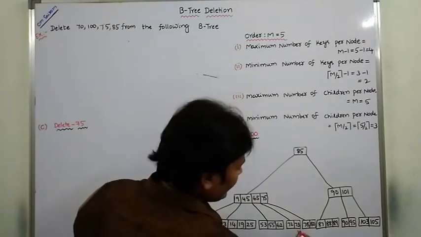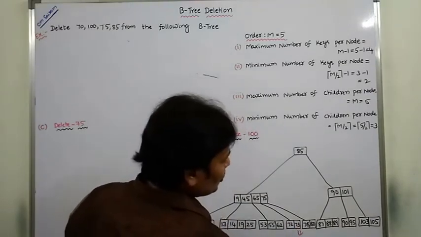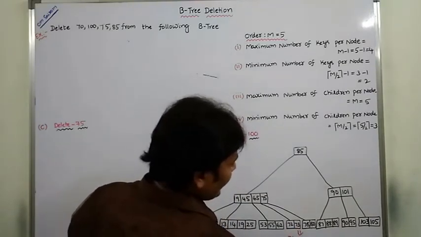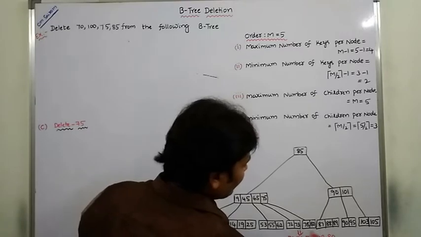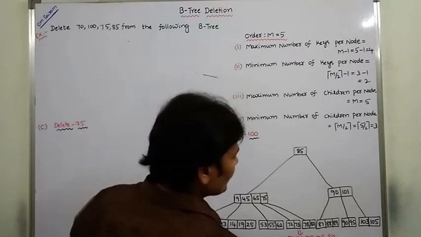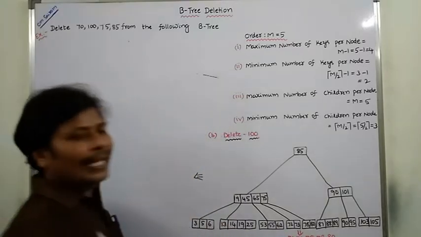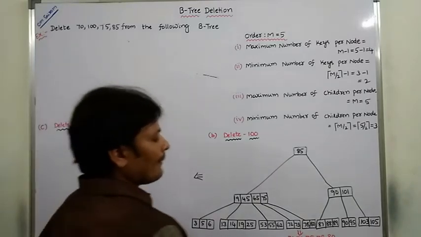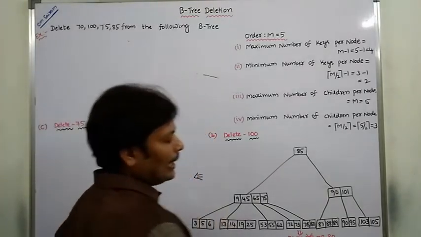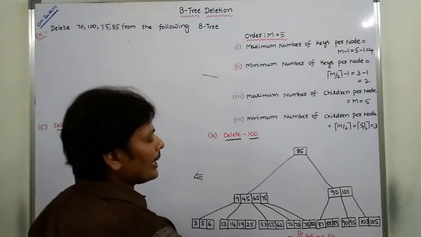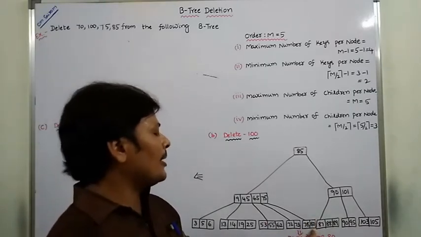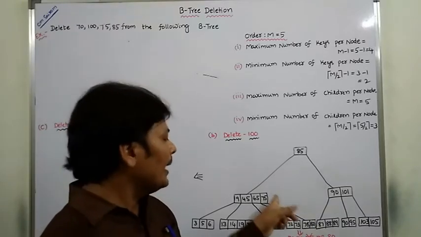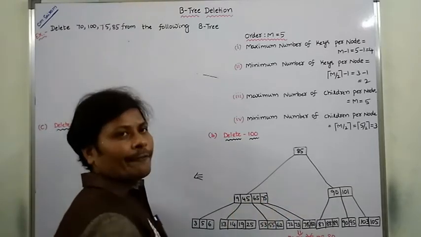After merging, we get 72, 73, 75, 78 and 80. This node contains 5 key elements, and 75 is deleted.